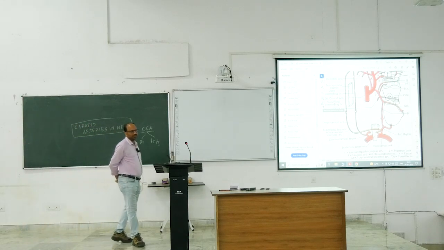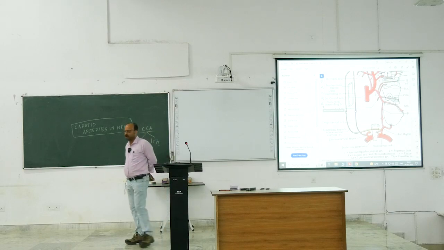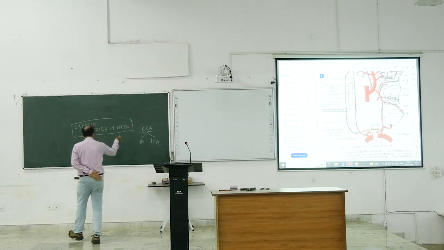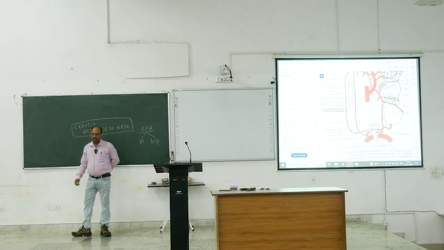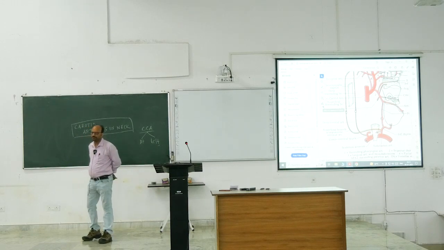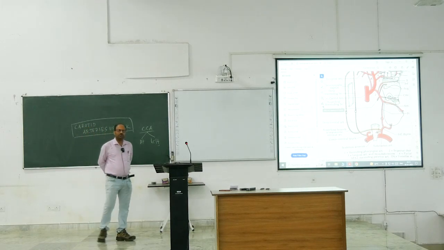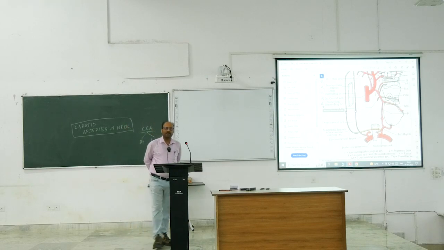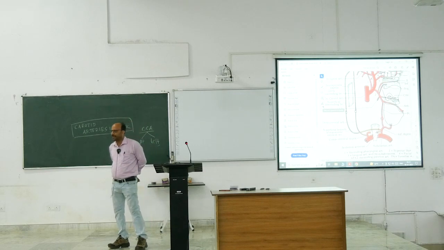But this is not the class of subclavian, so we will jump into the common carotid arteries. It is one of the important branches from the arch of aorta. You know the arch of aorta is present in the superior mediastinum.